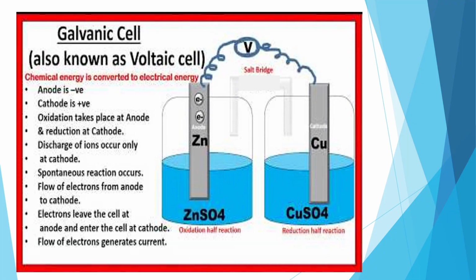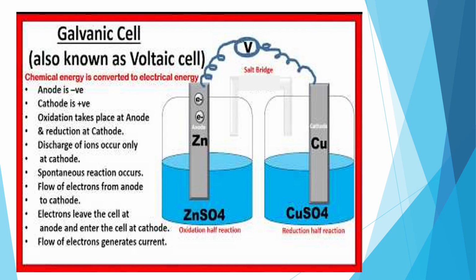Now we are going to tell you a little bit more about the galvanic cell, which is also called the voltaic cell, as I told you earlier. The anode is negative, the cathode is positive, and oxidation takes place at the anode and reduction at the cathode. Discharge of ions occurs only at the cathode.